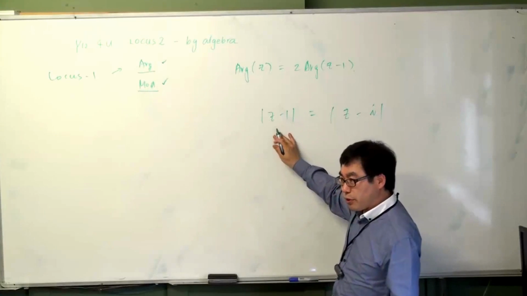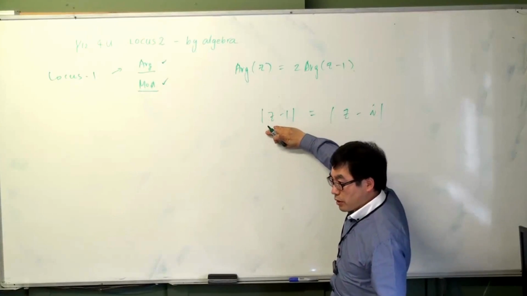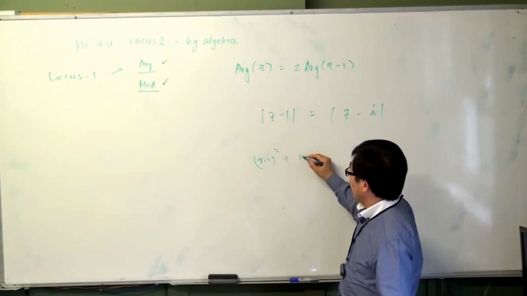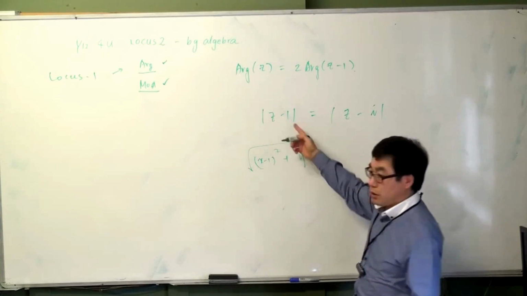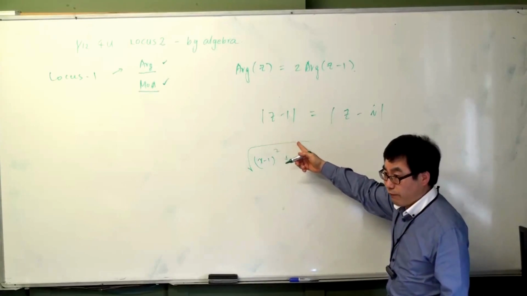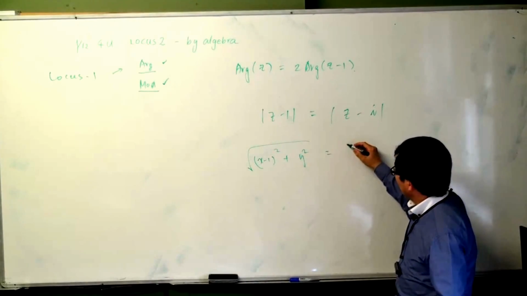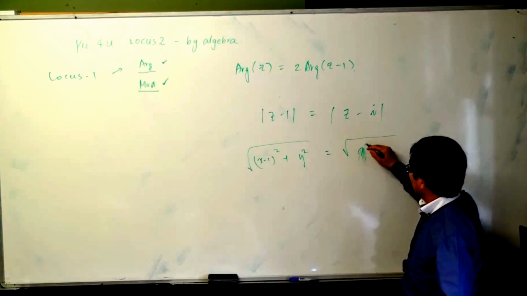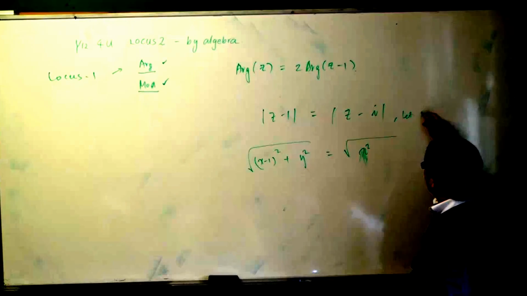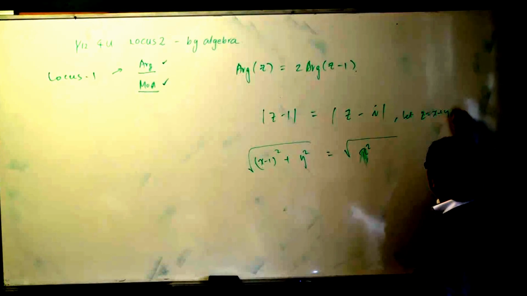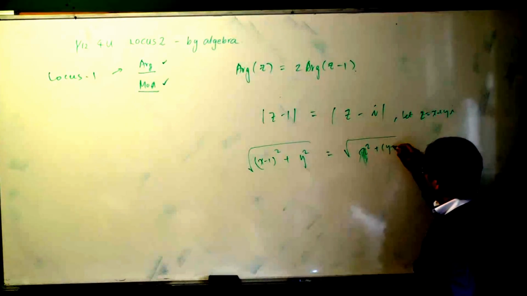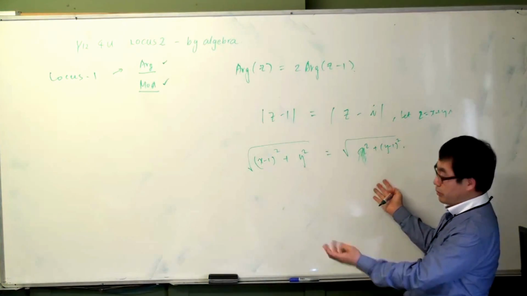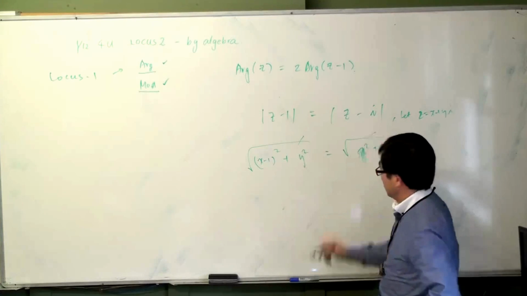So this one algebraically is the modulus, isn't it? And what is the modulus of it? Square root of (x minus 1) squared plus y squared. That's the algebraic definition. And then the square root of x squared plus (y minus 1) squared, because you let z equal x plus yi. Then it becomes totally algebraic.